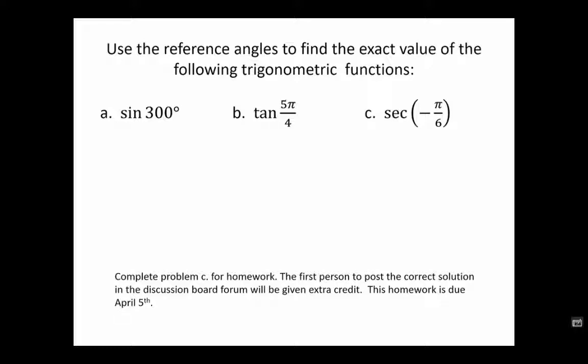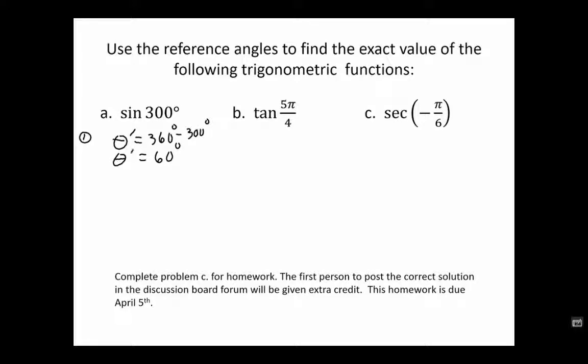So the first step, step 1, let's find the reference angle. 300 degrees lies where? In the fourth quadrant. So to get the reference angle, this is going to be 360 degrees minus 300 degrees. So the reference angle is 60 degrees.